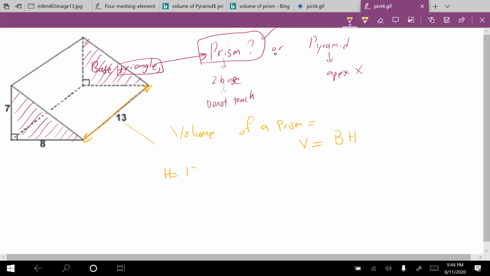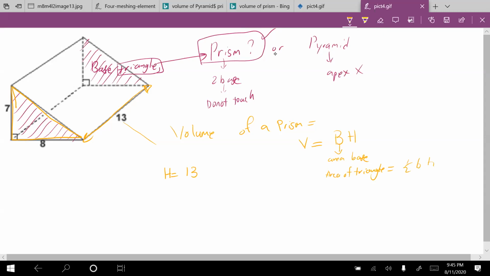What's wrong with me today? Okay. B stands for the area of the base. Remember, this figure is the base, and the base is a triangle. The area of a triangle is half base times height.